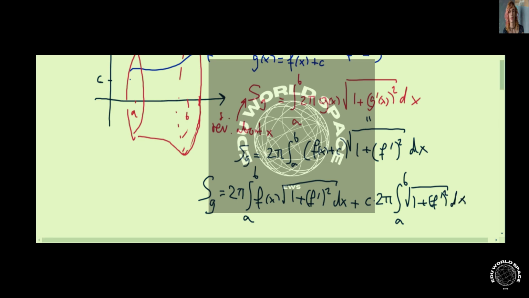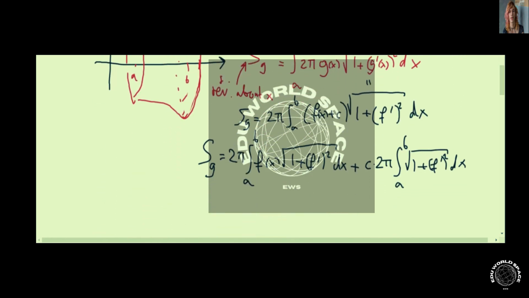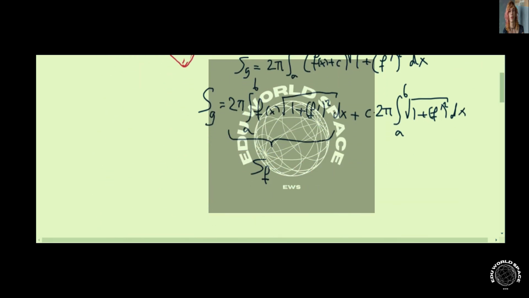So well, these are quantities that we know. This part is S sub f, the area of the surface of revolution by rotating the original function, and then you have these constants, 2 pi times c, for c a positive number.